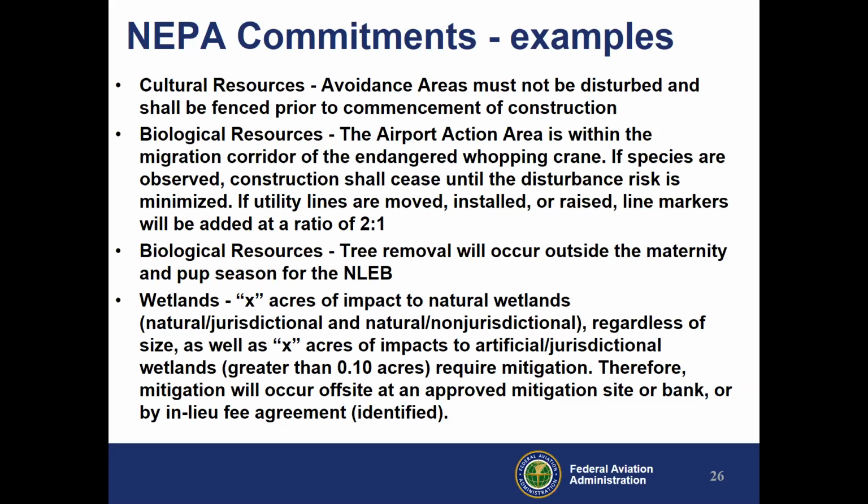Another example is if we are removing trees, they're to remove trees outside the maternity and pup season for the northern long-eared bat. We also identify the amount of acres of impacts to wetlands, and we include the 4 categories, and we identify the mitigation that's being used.